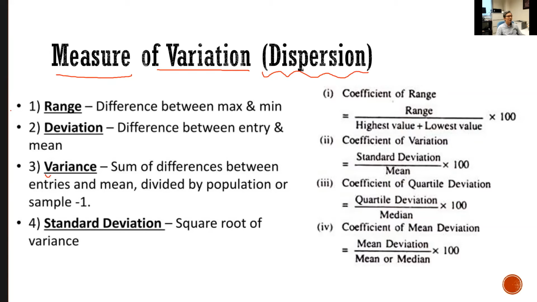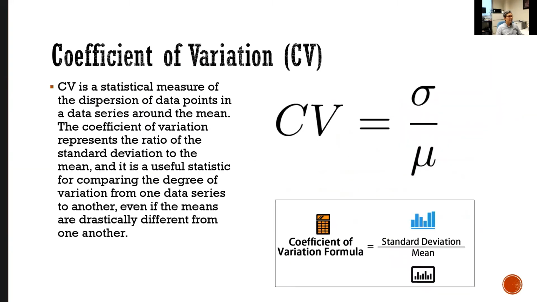They are all valid statistical measures, metrics that you can use to describe the variability. CV is one of the commonly used ones. It stands for the coefficient of variation, and that's the ratio between standard deviation and the mean.